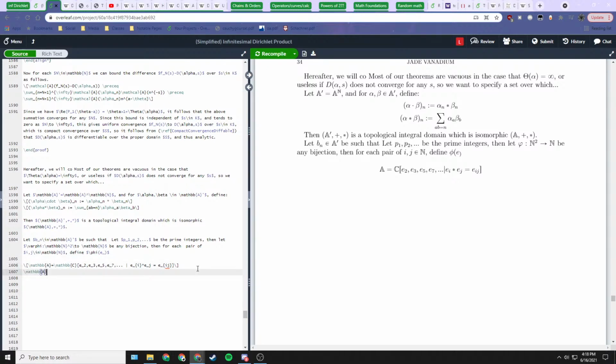You can say A prime is A, but instead of E, we'll use F_2, F_3, F_5, and so on. So all the prime numbers, again with the law that F_i times F_j is F_ij.